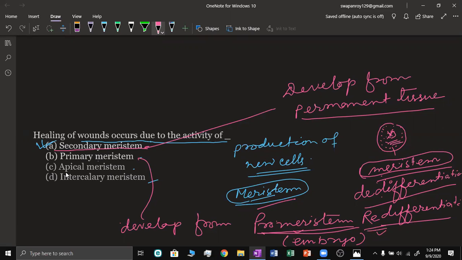Okay. Apical meristem, of course, is primary meristem. Intercalary meristem also is primary meristem. The other secondary meristem is the cambium, particularly cork cambium.